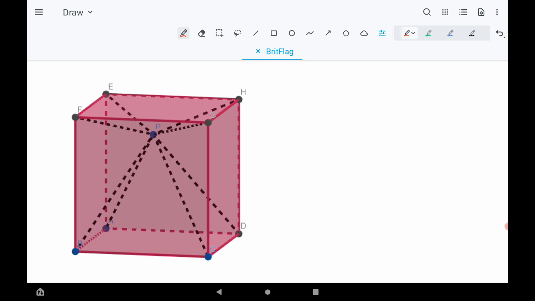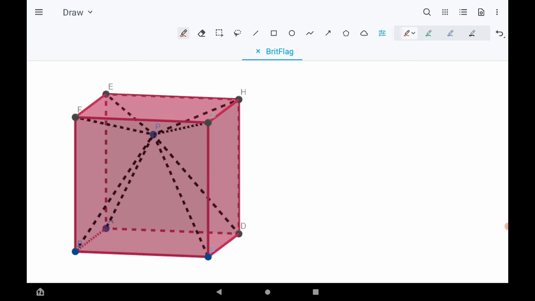And the vertices of the cube here are A, B, C, D, E, F, G, H. The challenge is, can you find a generalization of the British Flag Theorem to 3D figures, or the 3D rectangular prism we're using here? I'm going to give you a minute to pause and think about it, or write down the equation yourself, but I'm going to write the answer down, not the solution, because that is the point of the challenge.